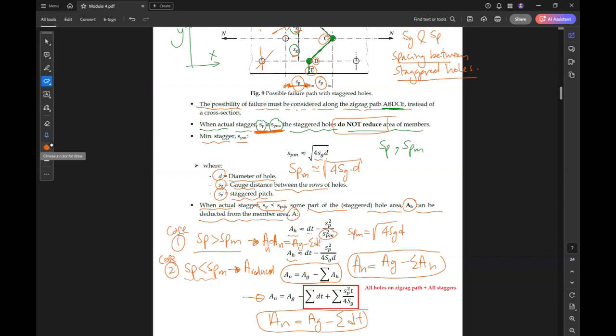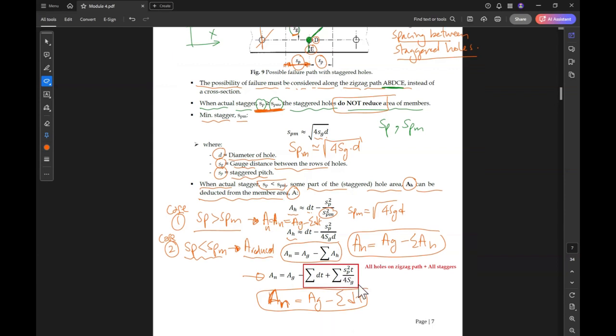But if we have SB less than SBM, so we need to reduce the area net more by this formula here, area net equal to area gross minus summation dt plus summation SB square T over 4SG.